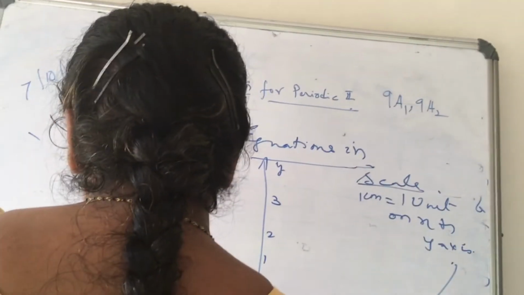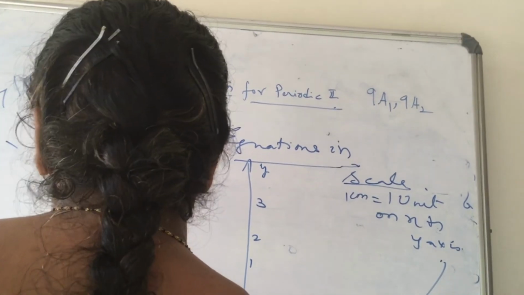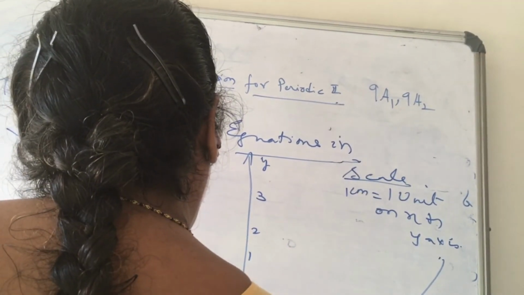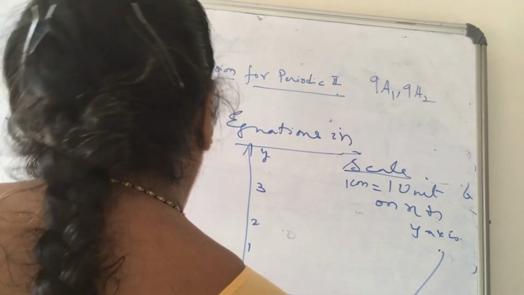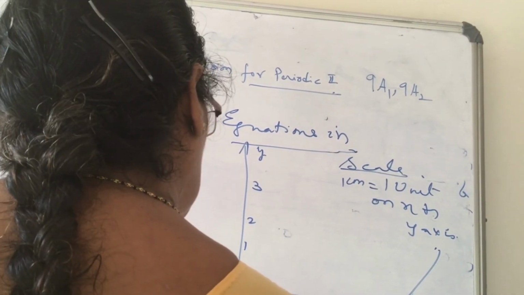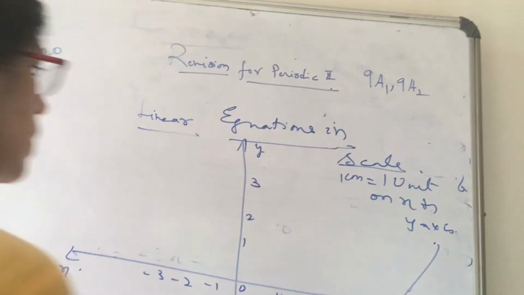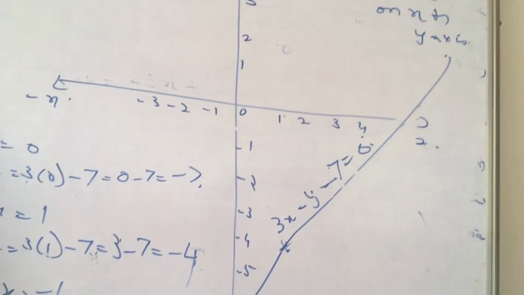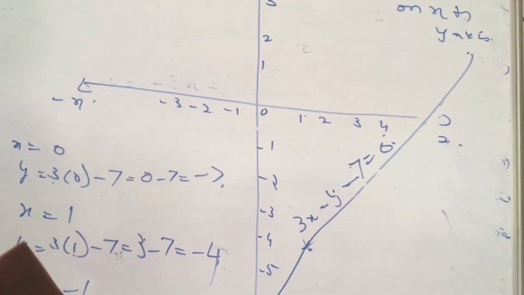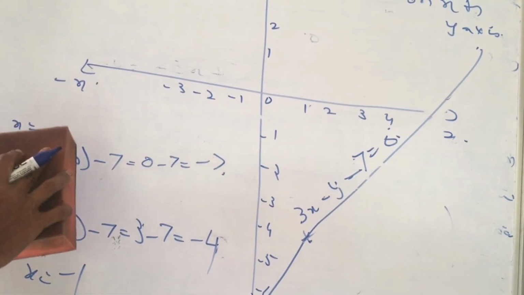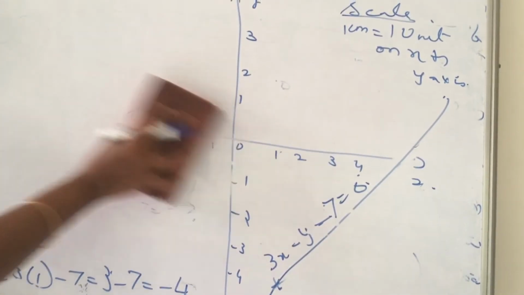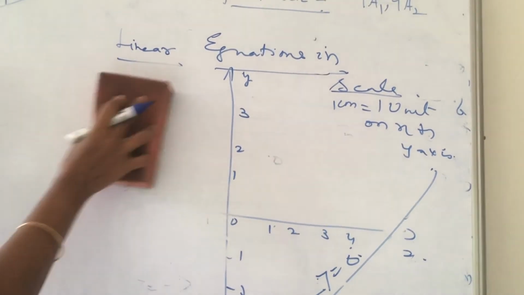The equation is 3x minus y minus 7 is equal to 0. Hope you have followed, children, all of you. Practice. Without practice, don't expect any miracles to happen.